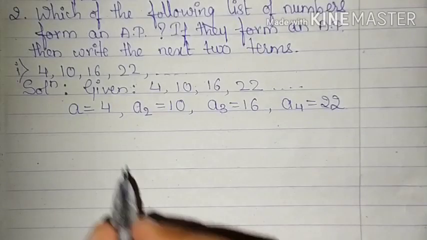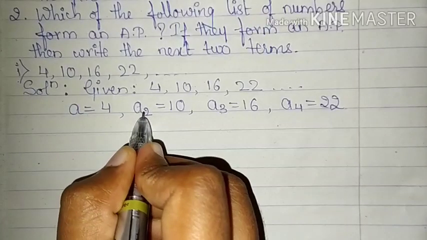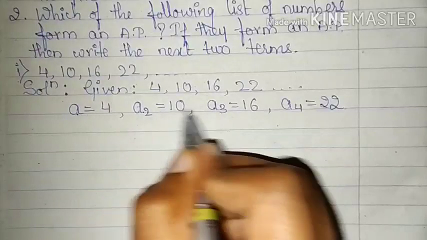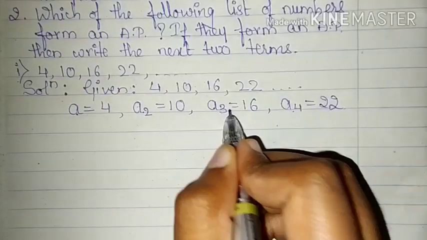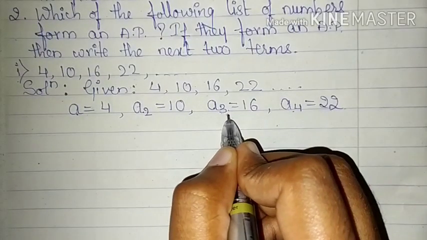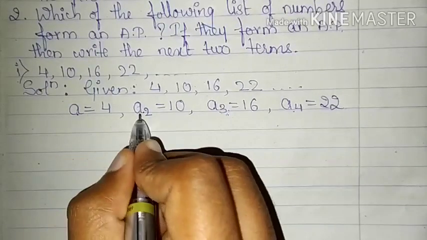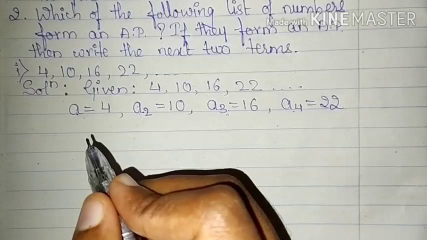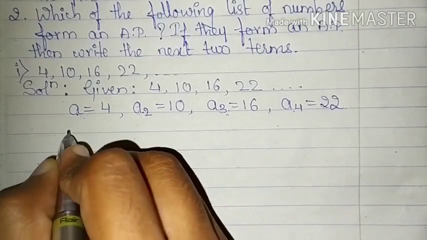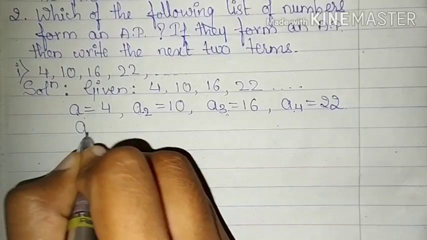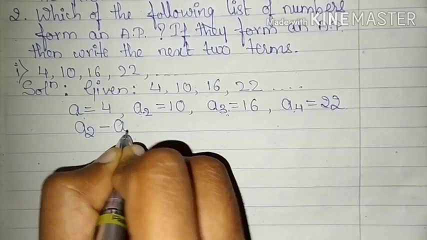Now let us see whether the difference between these consecutive terms is a fixed number or not. In other words, we have to see if the difference between these consecutive terms is a constant or not. Let's begin with the first two terms.